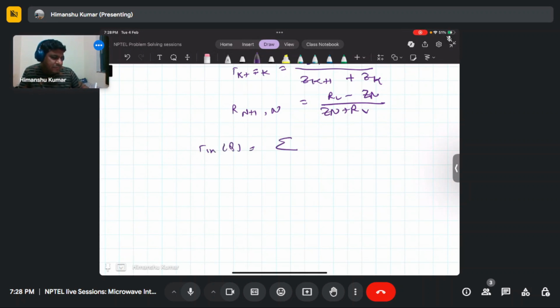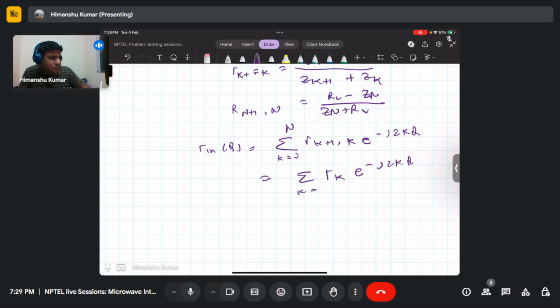You can write the summation, k equals 0 to n, of gamma of k plus 1 comma k exponential of minus j times 2k theta, that is, the sum of gamma k exponential of minus j times 2k theta.